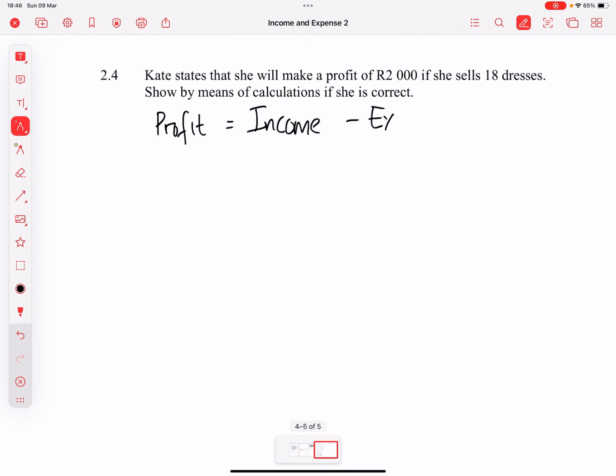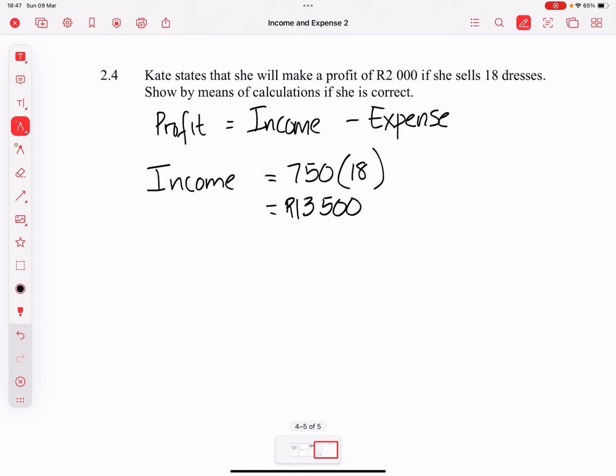Now you can do it all in one step, but I'm going to do them in two separate steps. So I'm going to start with income. I'm going to say income is equal to 750, we're using the formula, times 18 dresses. Okay, so 750 times 18, and that gives me 13,500.